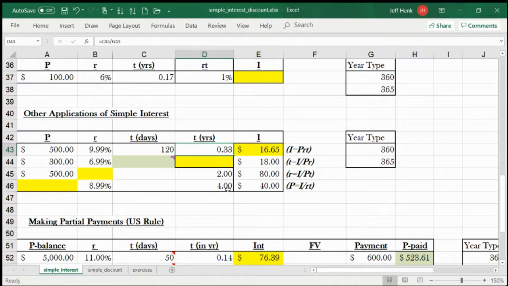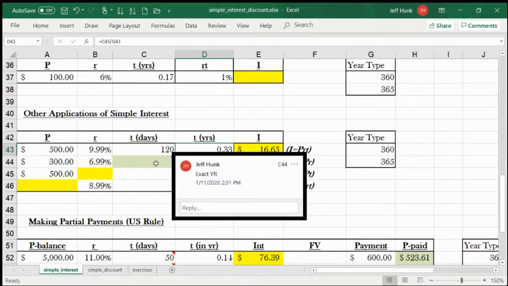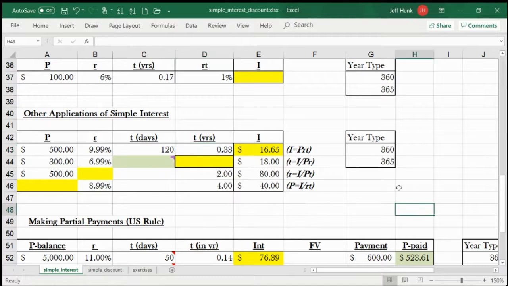Now, in the second problem, you may be scratching your hair. What is it asking for? It's asking for time in years. So that means everything else is known. Principal is known, interest rate is known, interest is known.